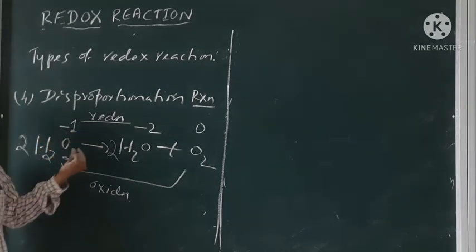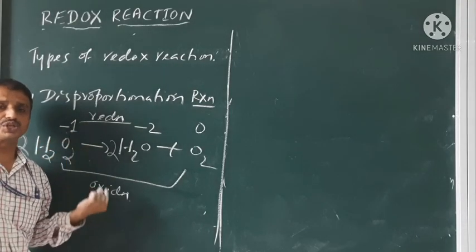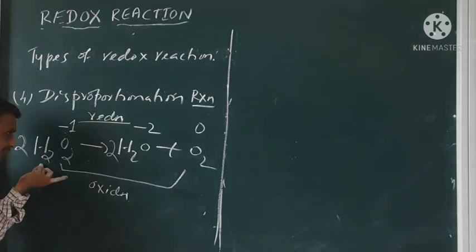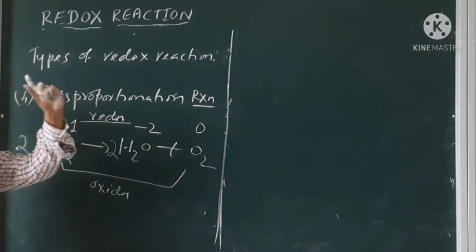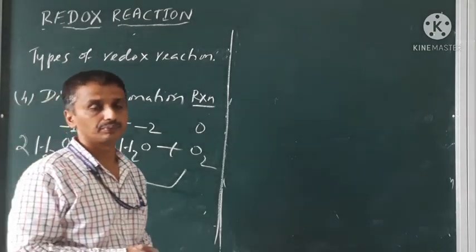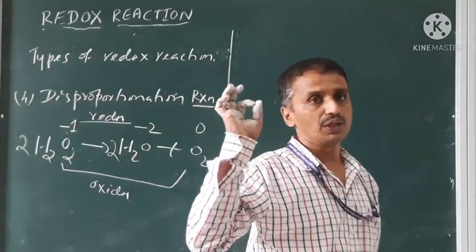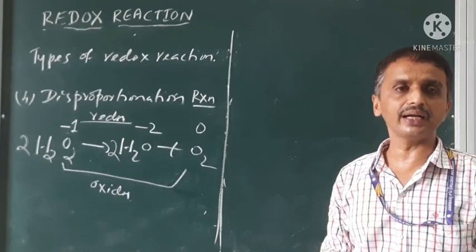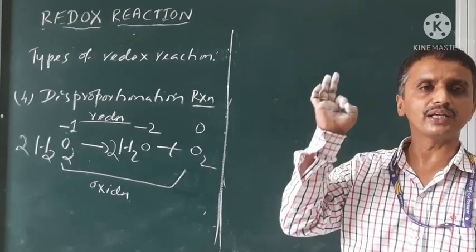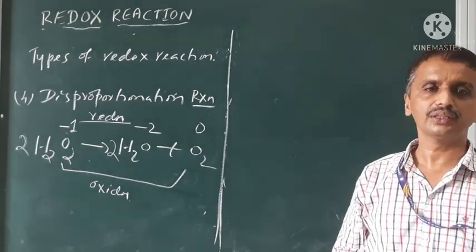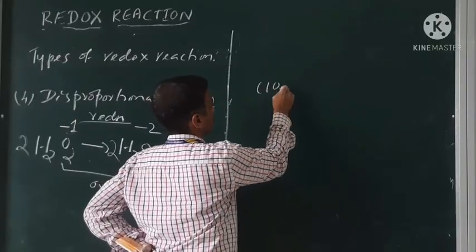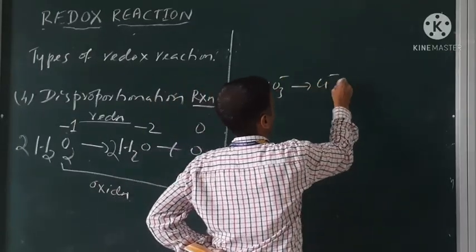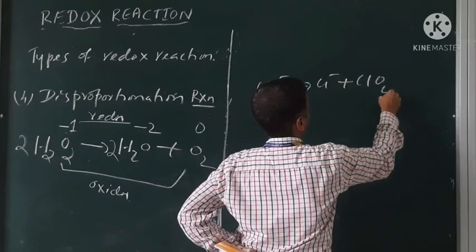This means oxidation and reduction are taking place in only one of the species, therefore it is a disproportionation reaction. If the oxidation and the reduction take place in only one of the species, then it is a disproportionation reaction. Another example: ClO3- giving Cl- plus ClO4-.